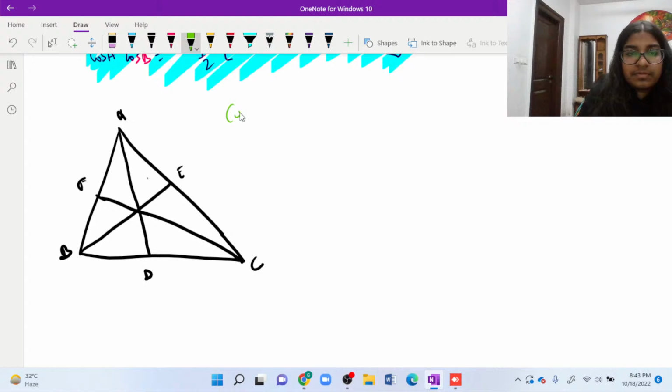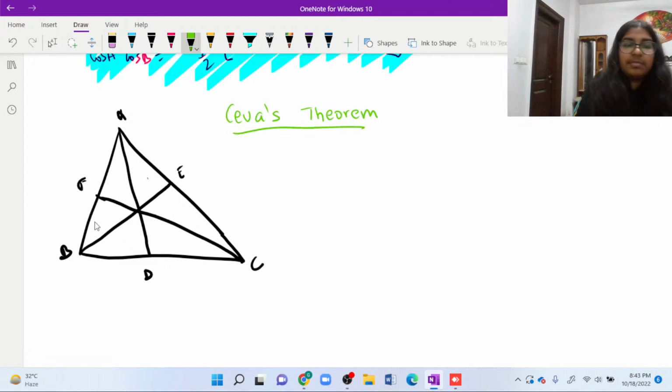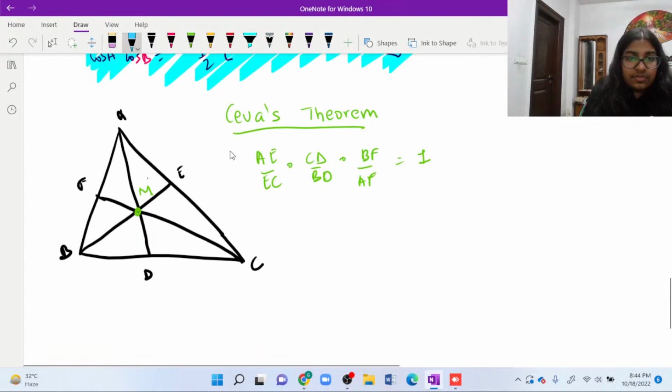Ceva's theorem says that if AD, BE and CF are cevians, which just means a line through a vertex meeting the opposite side, and these three pass through a common point, let's call that M, then AE by EC times CD by BD times BF by AF is equal to 1. That's what the theorem states.